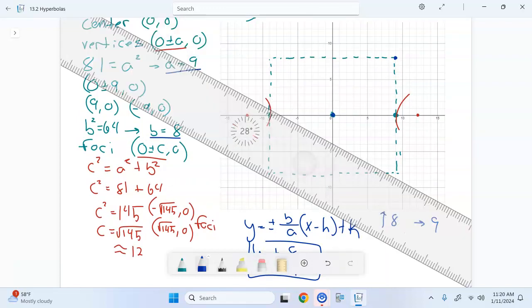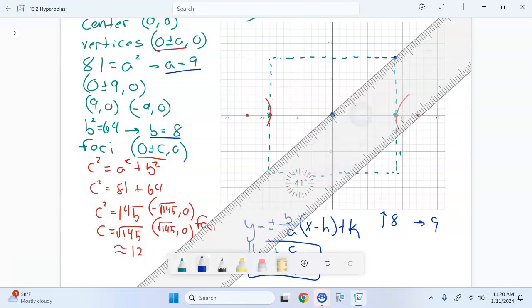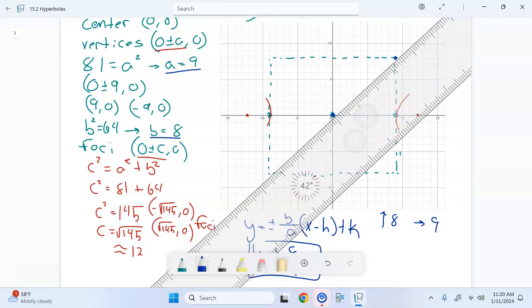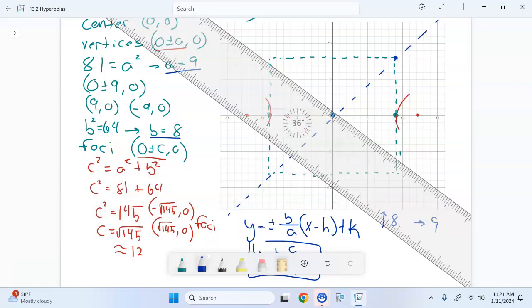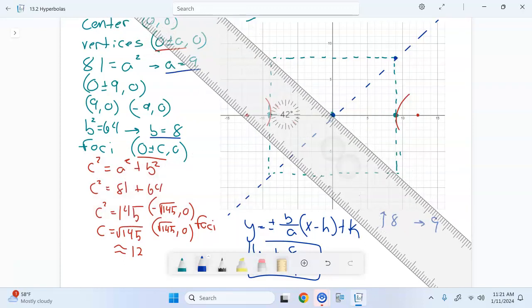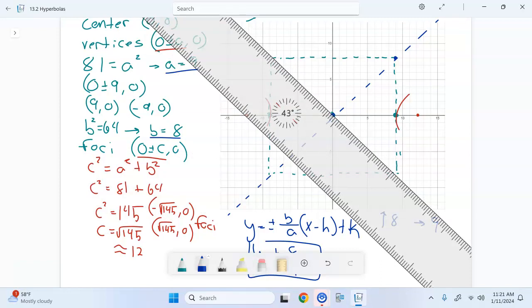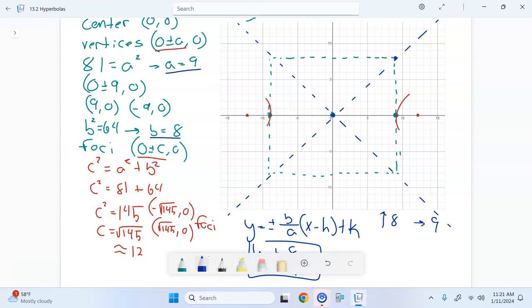And so we can take a ruler, a straight edge of any kind, and just try our best to get an asymptote there, and then the other there. It doesn't have to be perfect, but should be pretty close.